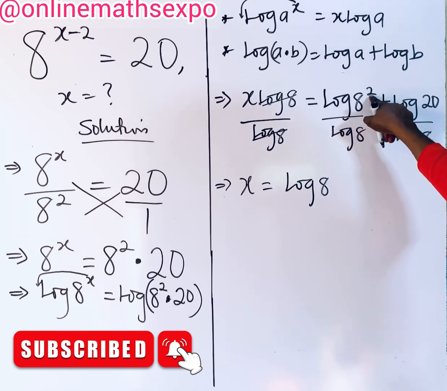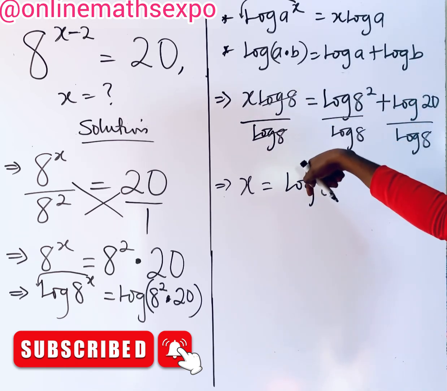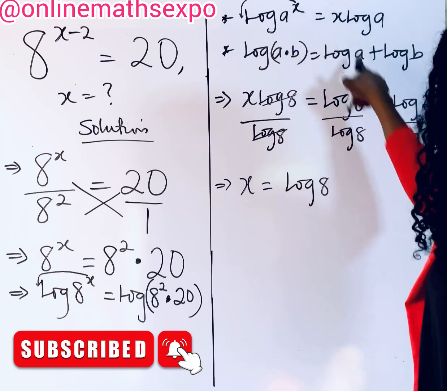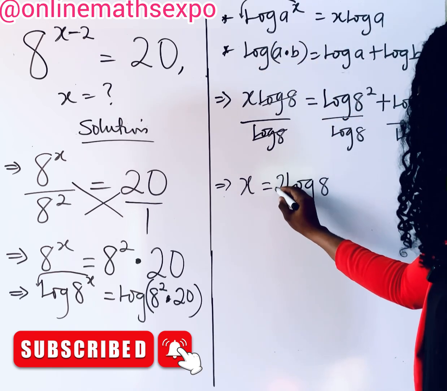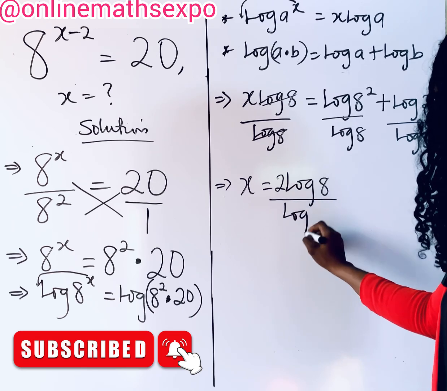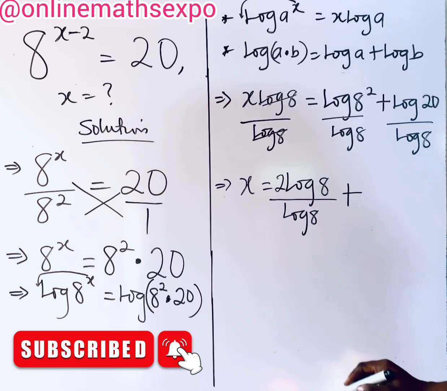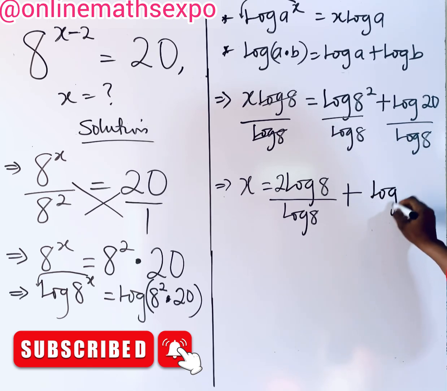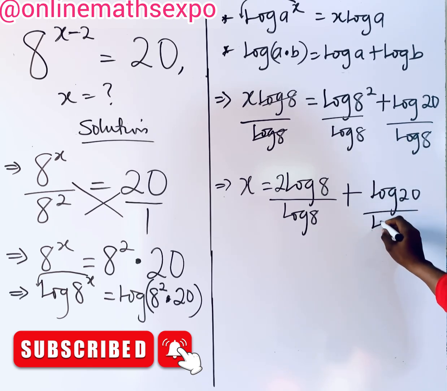Now remember that the power multiplies the log. So following this, this will give us 2 log 8 divided by log 8. Then plus, I hope you're with me there. Then we have log 20 divided by log 8.